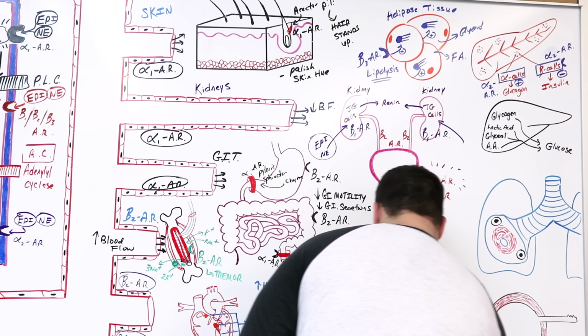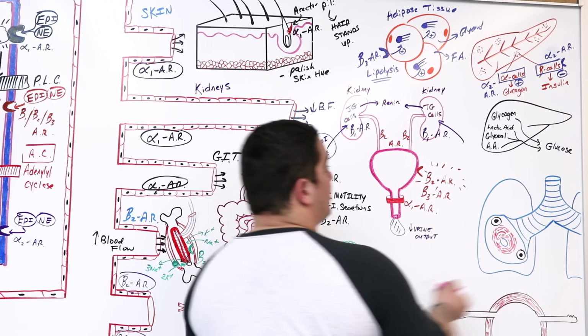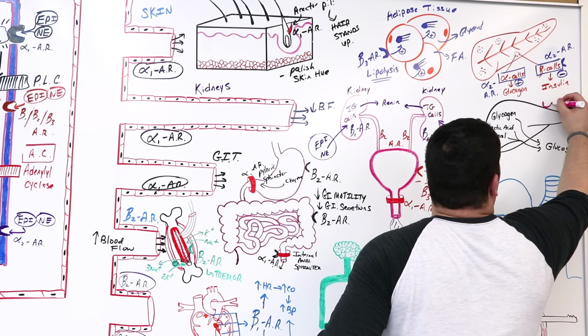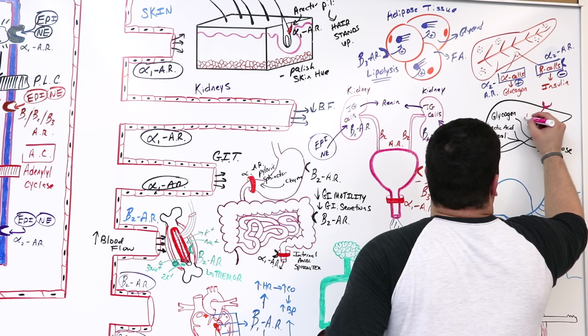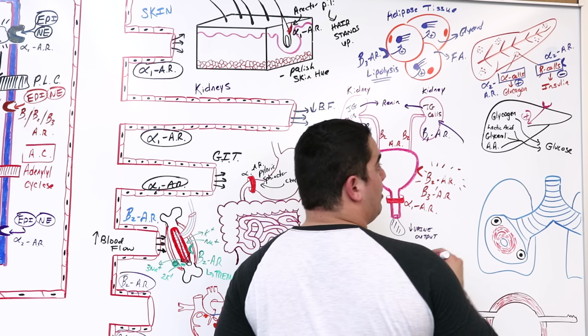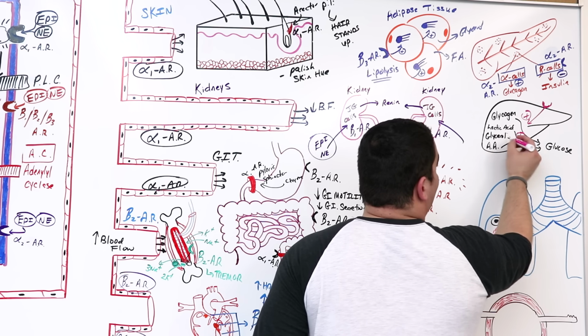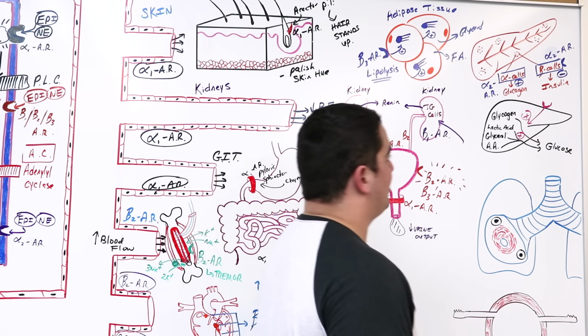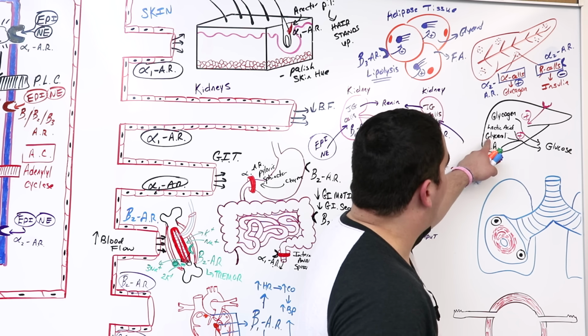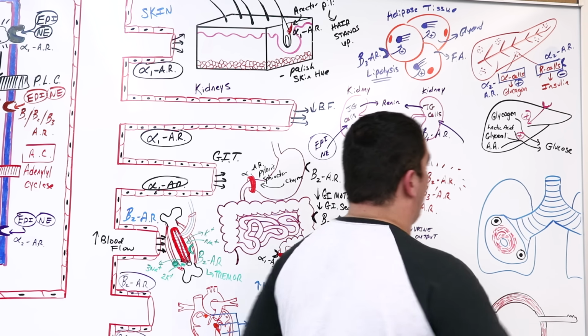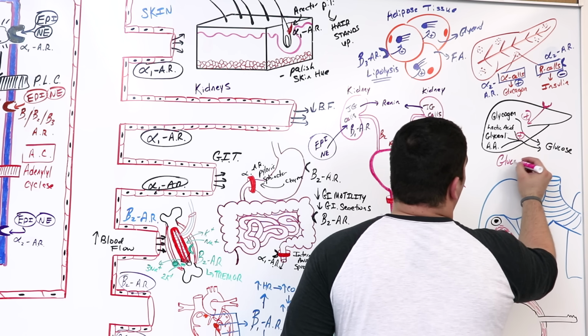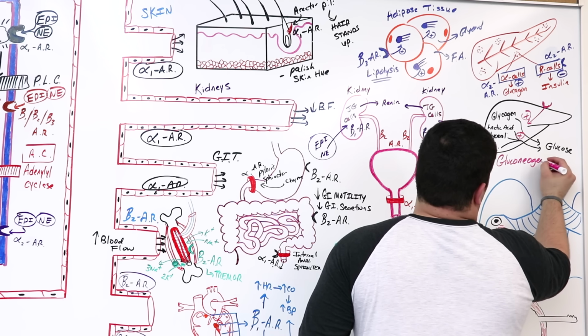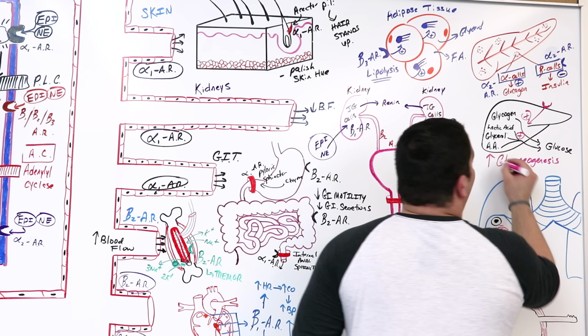And thankfully, we have receptors located on our liver that can stimulate the glycogen to glucose conversion and lactic acid, glycerol, and amino acids to glucose. What do you call this bottom one? Lactic acid, glycerol, and amino acids making glucose. They call that gluconeogenesis. We want to increase that activity.